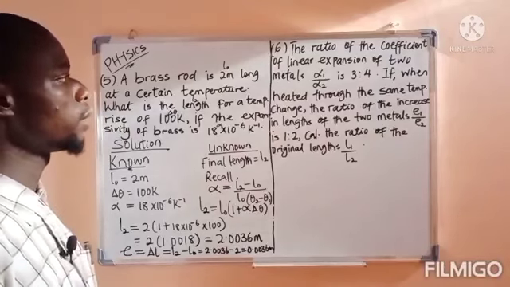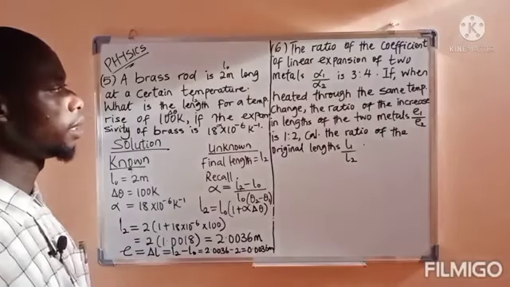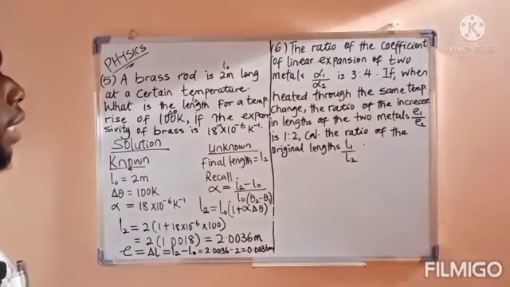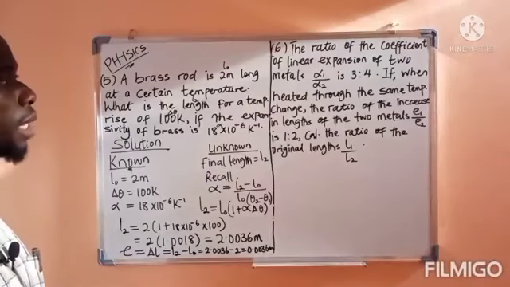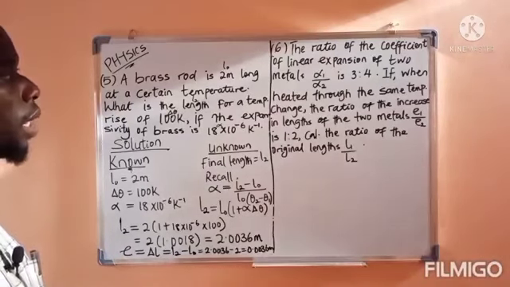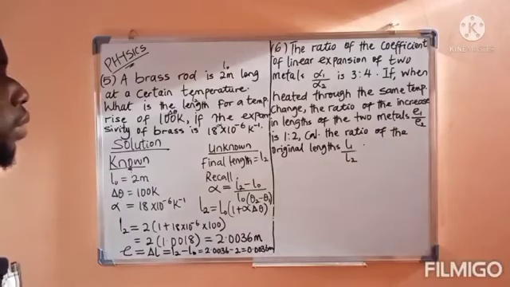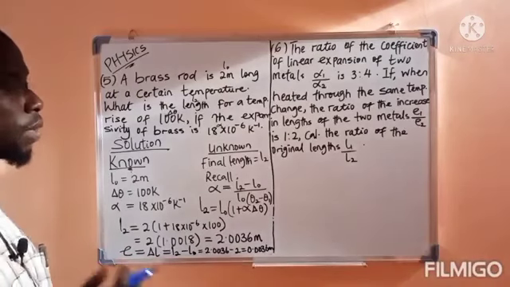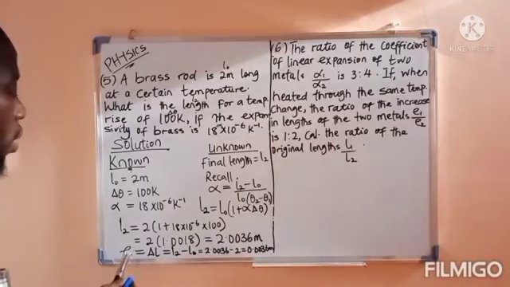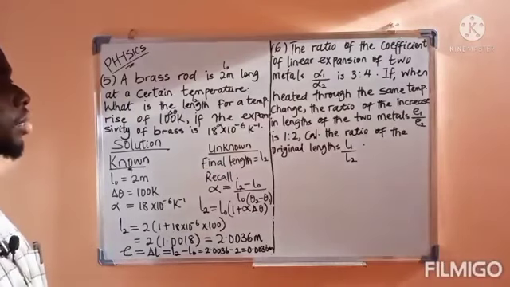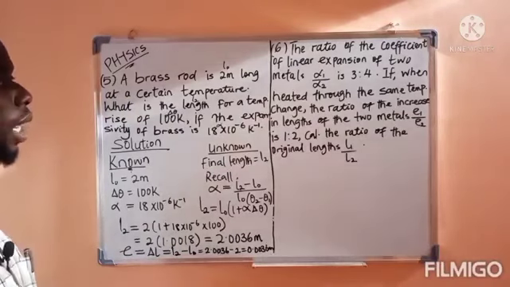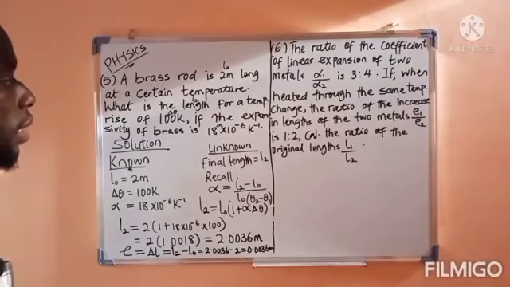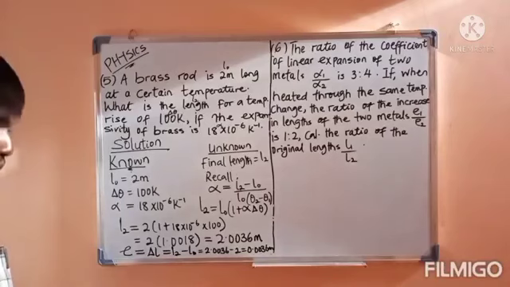If when heated through the same temperature change, the ratio of the increase in length of the two metals, E1 over E2, remember increase in length is taken as extension, which I have already shown here, is 1:2. Calculate the ratio of the original lengths, L1 over L2.